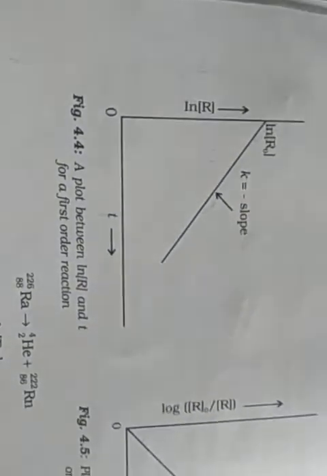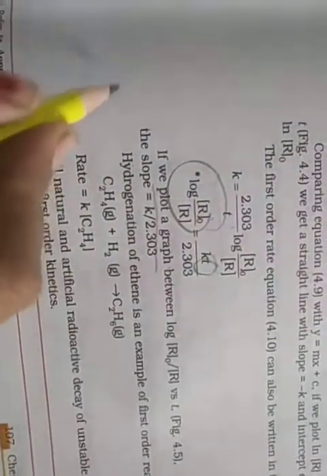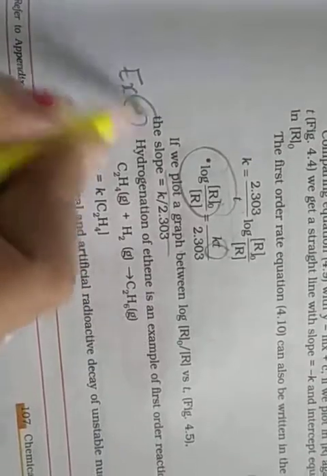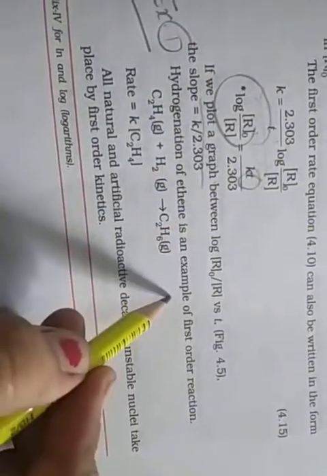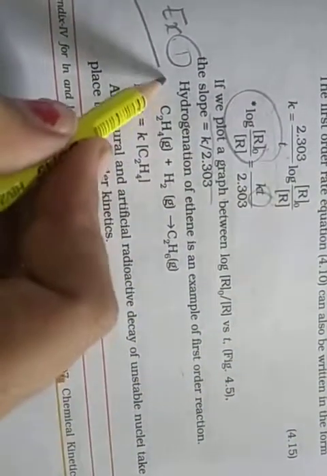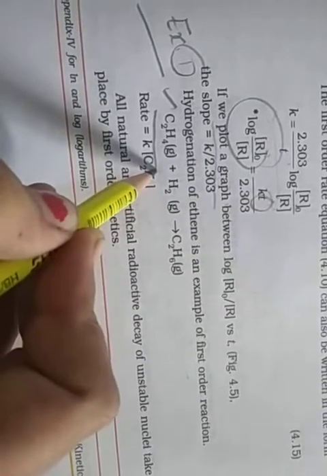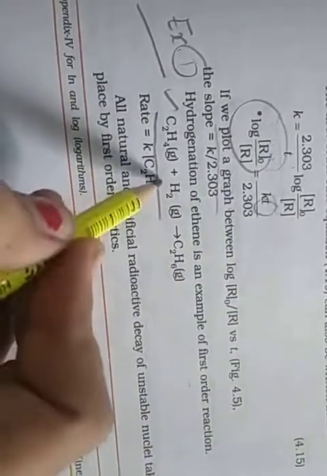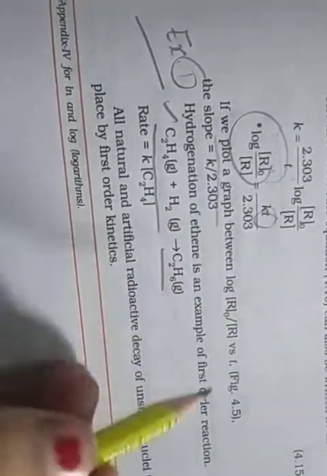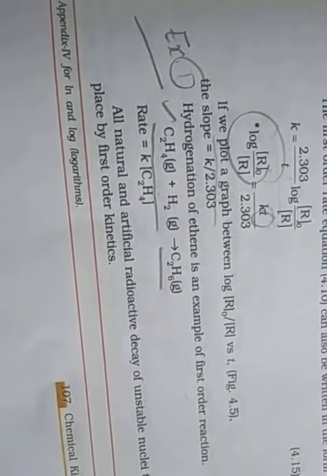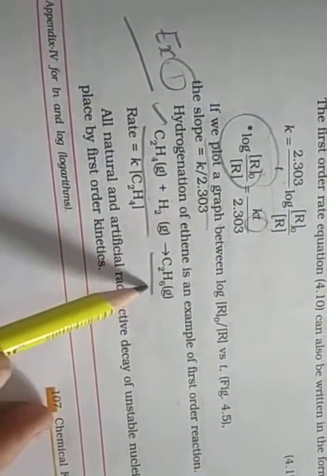Examples of first order reactions. First example: hydrogenation of ethene. Ethene C2H4 plus H2 gas converts into C2H6 gas.